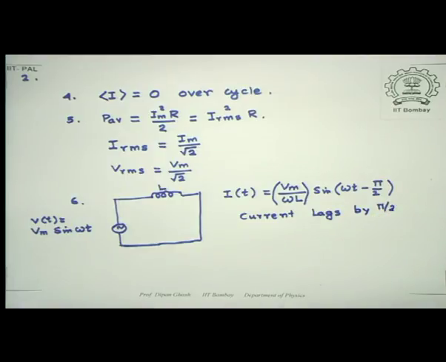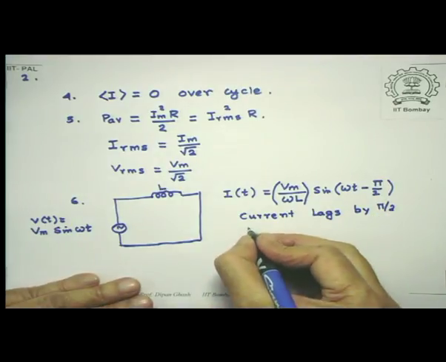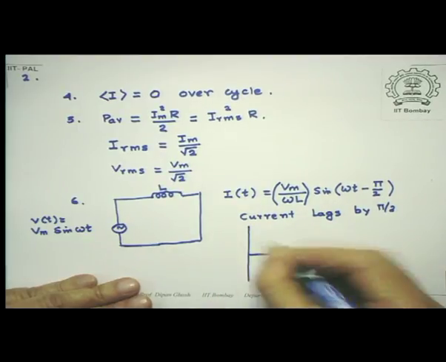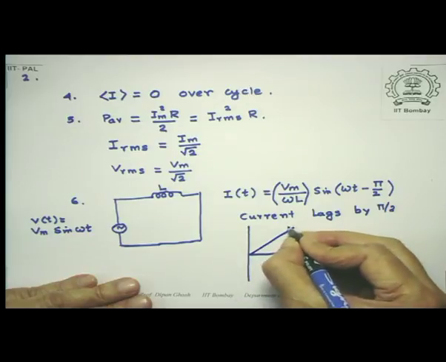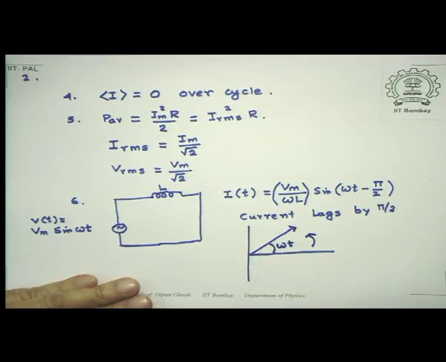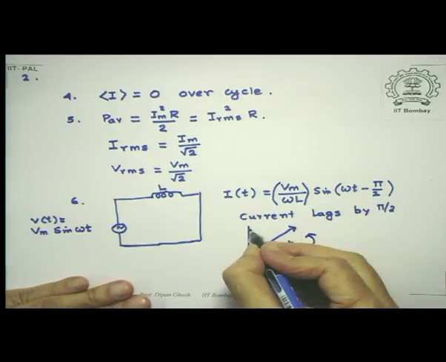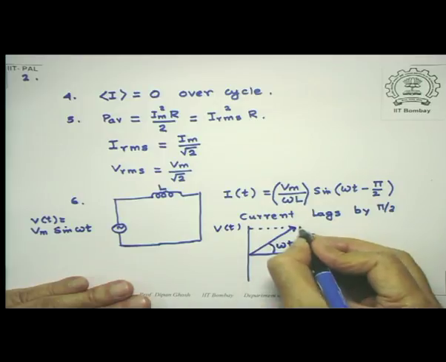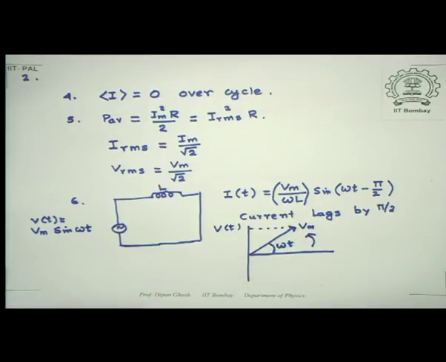Returning to a phasor diagram for this situation, supposing this is my voltage, so that the projection on the y-axis is my V of t, and this is V max, the magnitude.